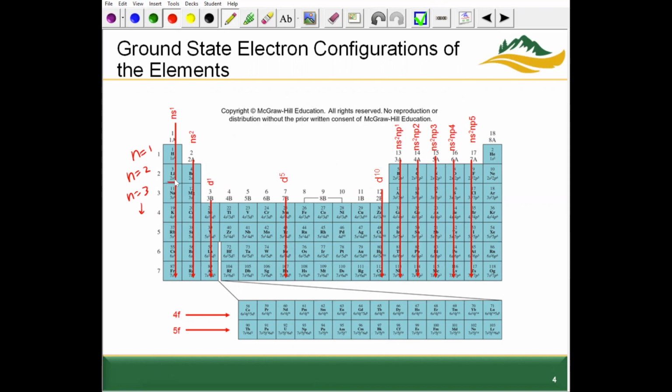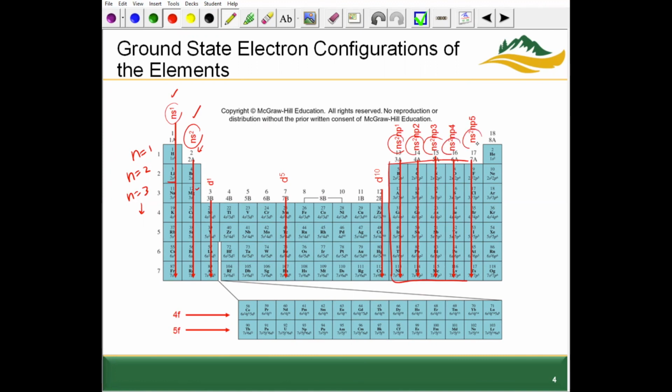An element here, for example lithium, will have one electron in its s orbital. Then something like beryllium or magnesium will have two electrons in their s orbitals. So ns1 is the general format for the electron configuration here, and ns2 for group 2A, where n can be 1, 2, 3, 4, etc. Once we go over into the p block, these will all have filled s orbitals, so ns2 is filled.